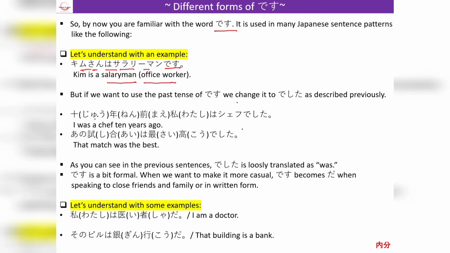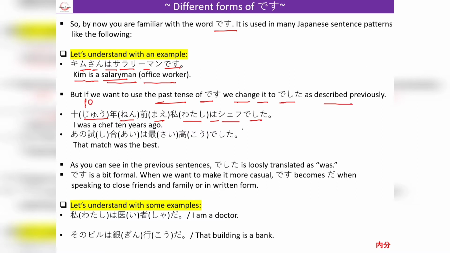So our sentence will become like this: Kim is a salary man. But if we want to use past tense of this, we can change it into deshita, as I described previously. For example, Juu nen mae watashi wa shefu deshita.